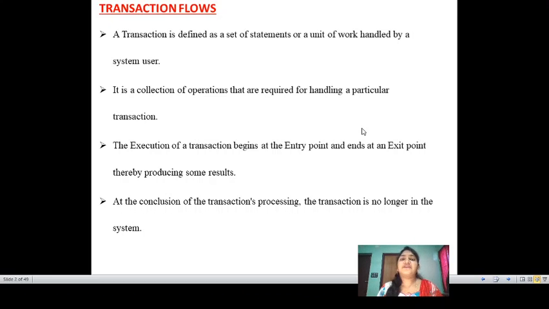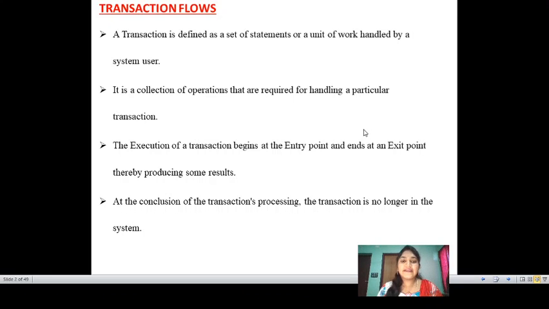For example, when we go to an ATM to withdraw money, a number of operations are involved in the withdrawal transaction: inserting a card, entering the PIN number, entering the amount. That is the collection of operations which performs the transaction.